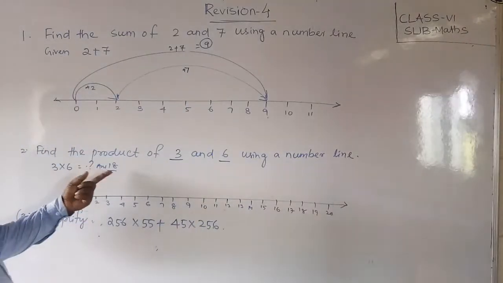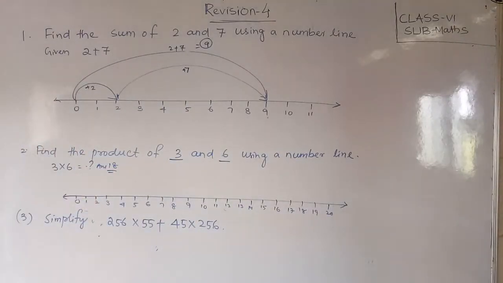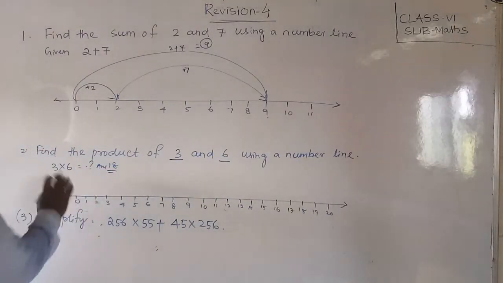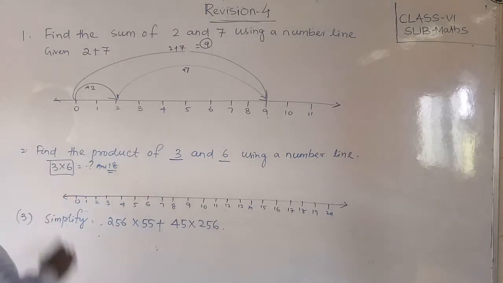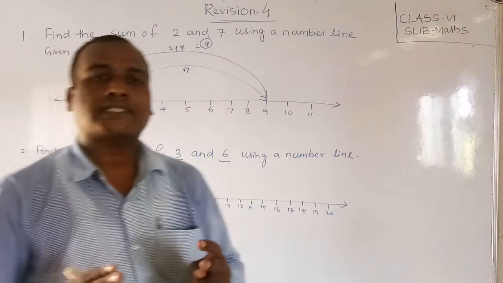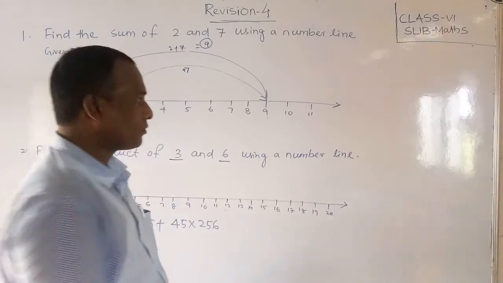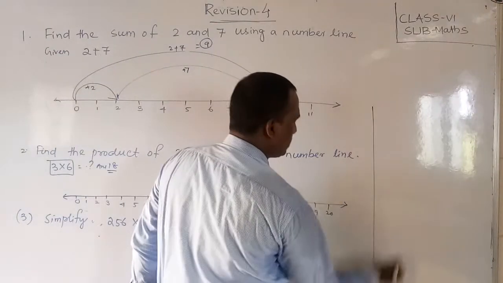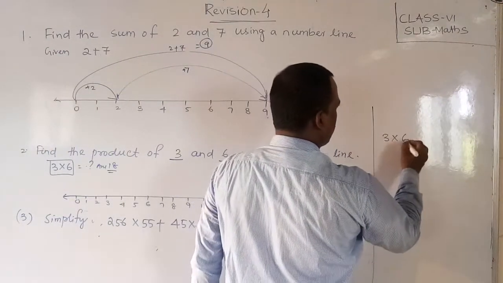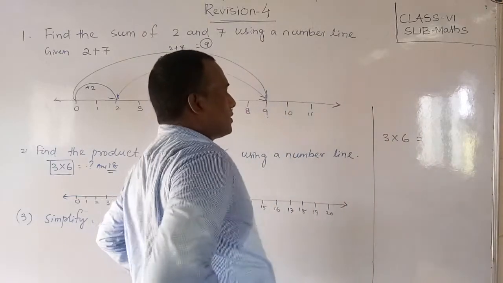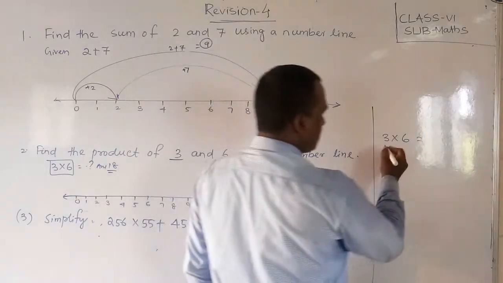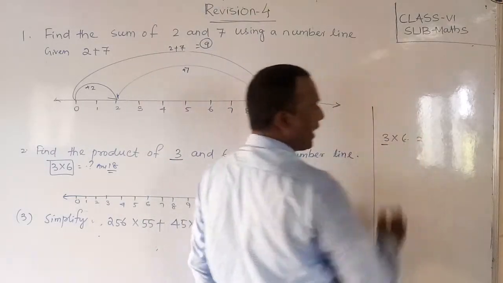I have drawn up to 20 because 18 is nearby. So first of all, try to understand this, friends. What does 3 into 6 mean? I will explain here, friends. 3 into 6 means 3 added 6 times.